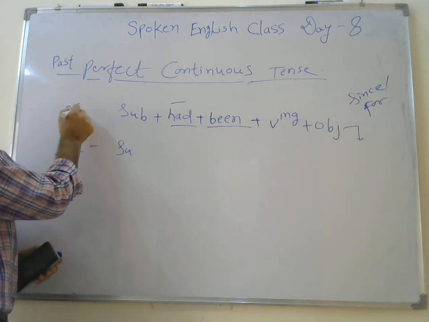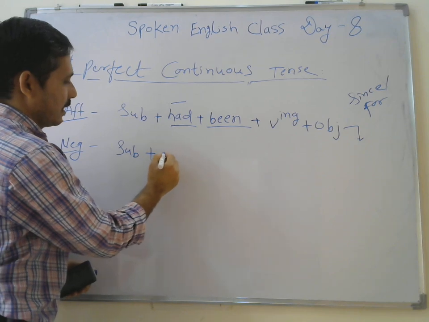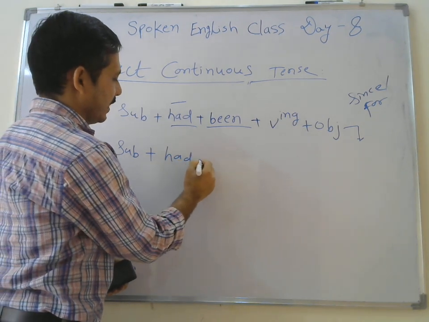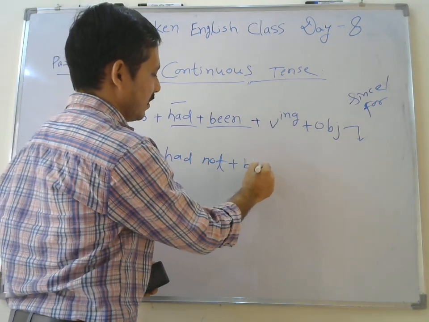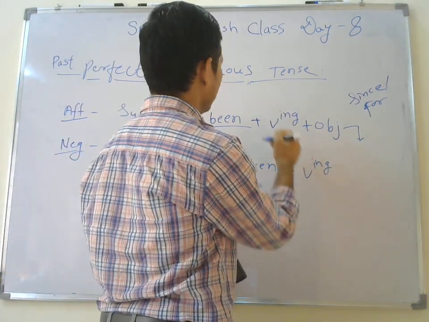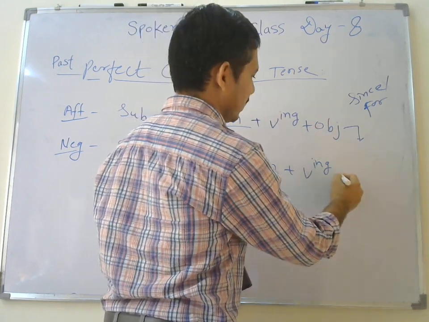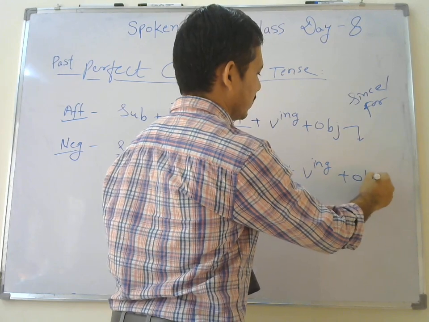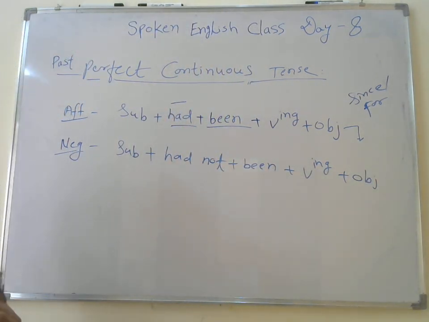This was your affirmative sentence. Subject plus hadn't, had not, plus been, verb ing form, this is your past perfect continuous tense, plus object. Use of since and for will be there as usual, that is optional.